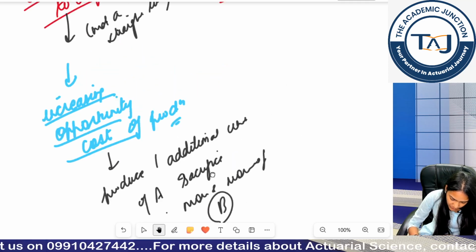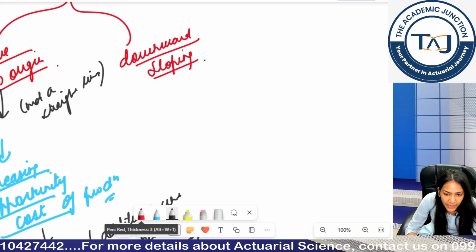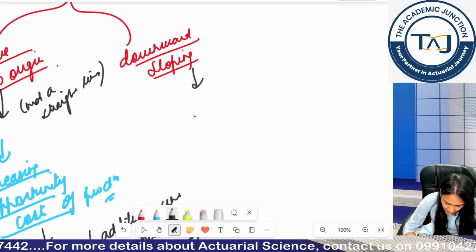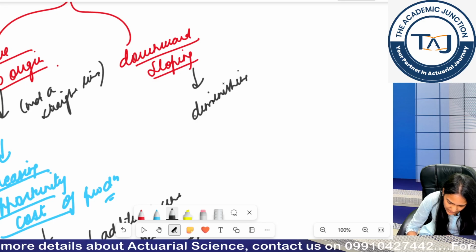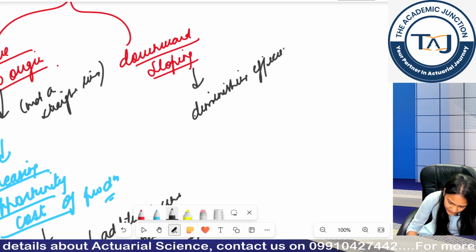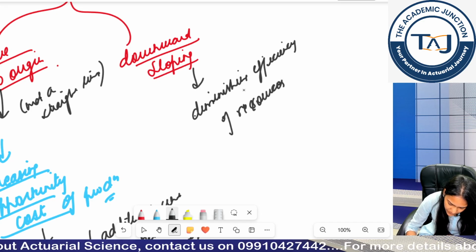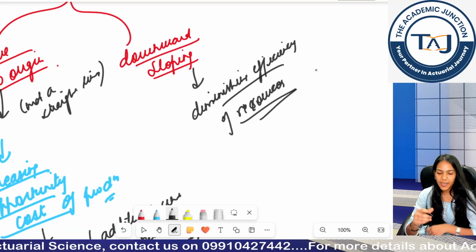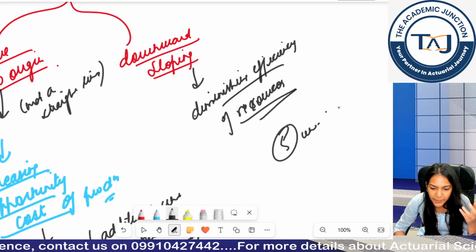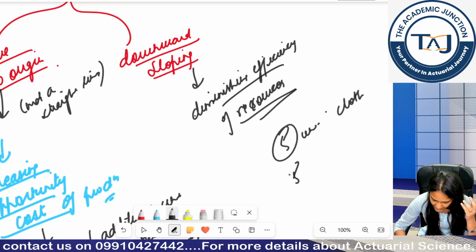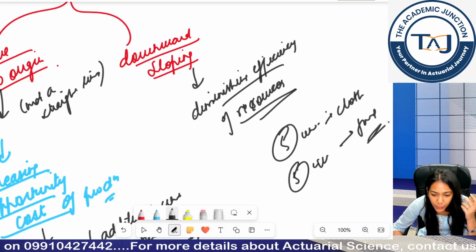Now coming to why it is always downward sloping and not upward sloping. It's because of diminishing efficiency of resources. For example, I have 5 units of resources that can help me produce clothes, and 5 units of resources that can help me produce food.